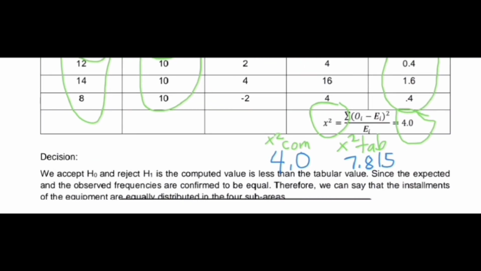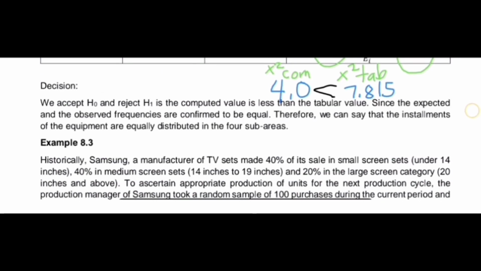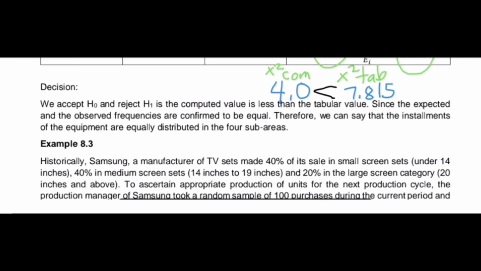We can now decide: our x squared tabular is greater than the x squared computed, where this is our decision, where we accept the null hypothesis and reject the alternative hypothesis because the computed value is less than the tabular value.